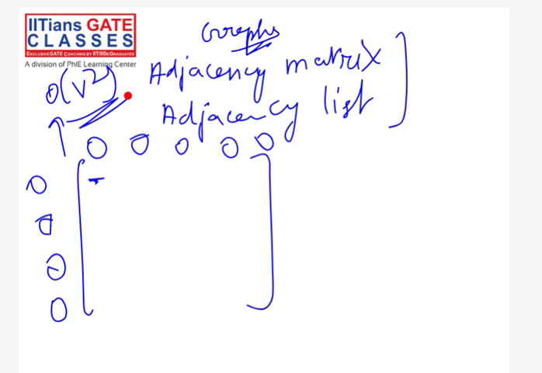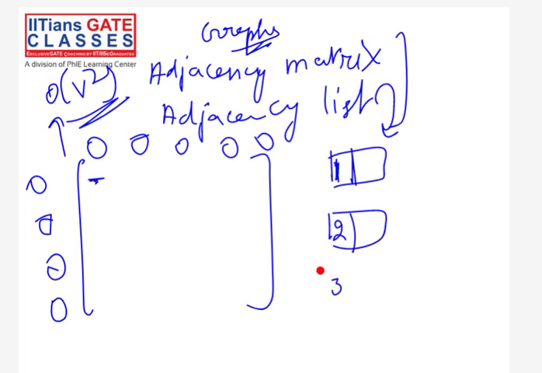Now adjacency list is what? You have a 2D list in which these are the vertices: vertex 1, vertex 2, vertex 3, and so on.